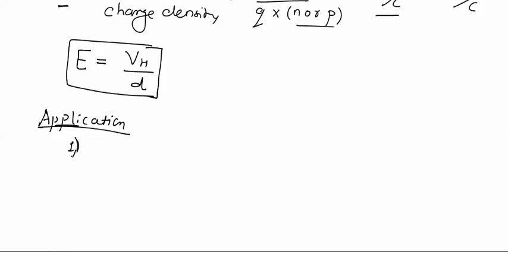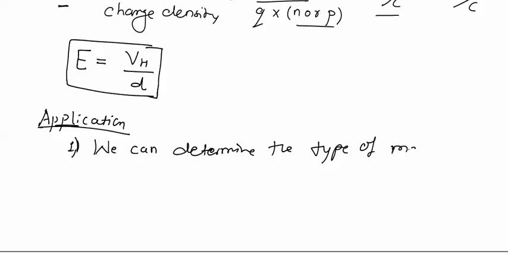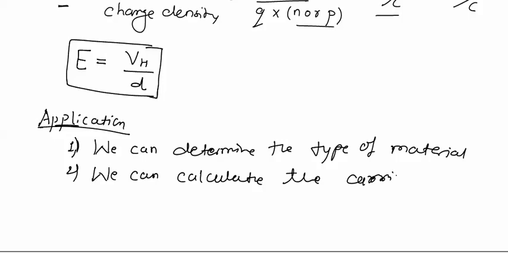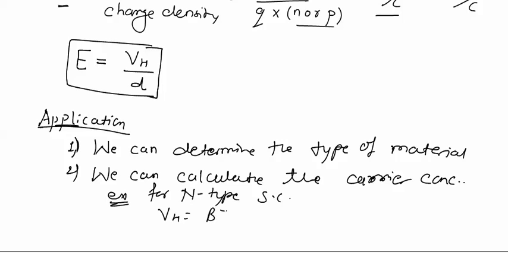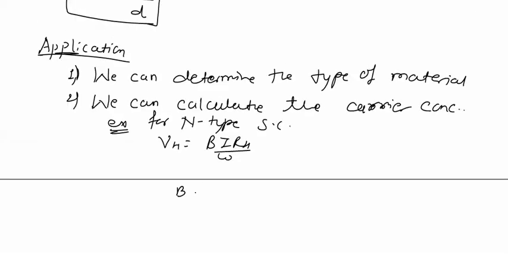Now the applications of Hall effect. First, we have already seen the first application: we can determine the type of material. Number two, we can calculate the carrier concentration. For example, for N-type semiconductor, Vh equal to B I RH upon W. In this equation, B, I, W are known.